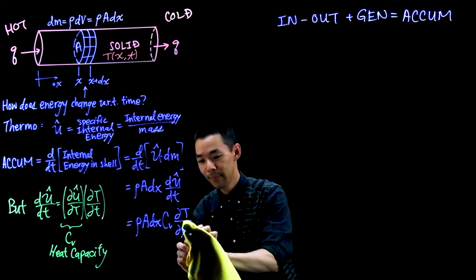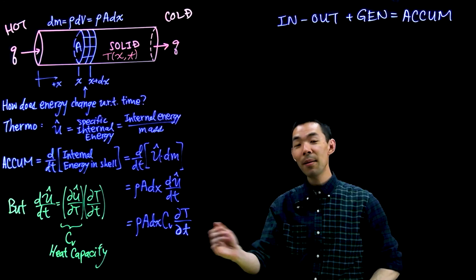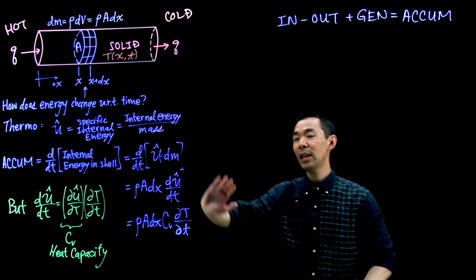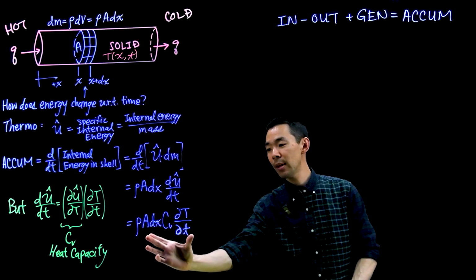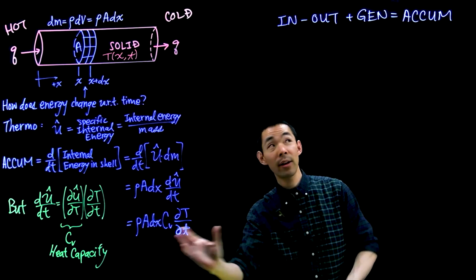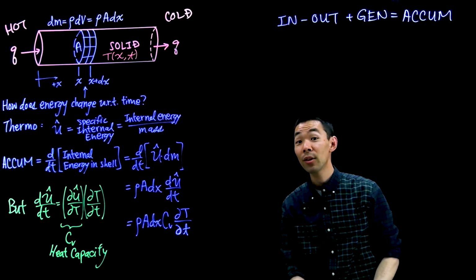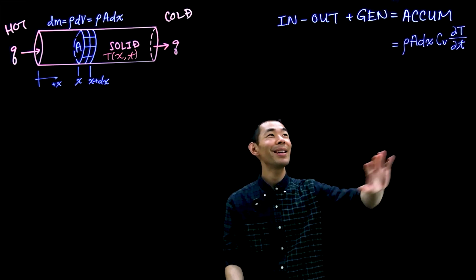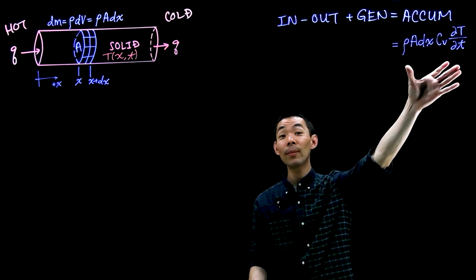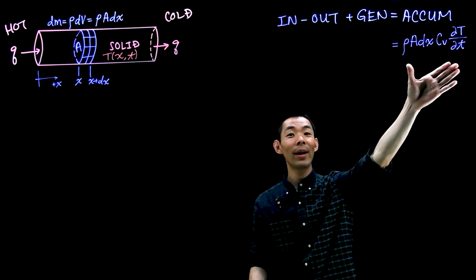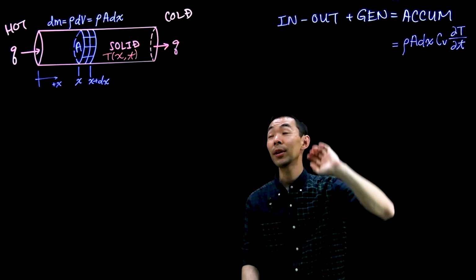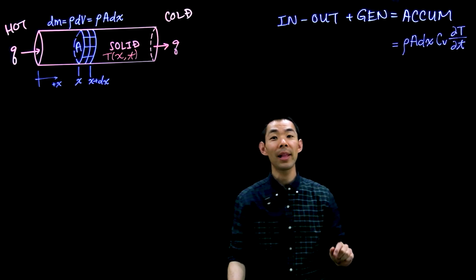This should be time. Partial T, partial time. Okay, so now let's erase everything over here. I'm just going to move this expression over here on the right-hand side. Okay, so what I've done is to take the accumulation term that we just derived over here on the right-hand side. And now we have in minus out and generation of energy inside this small little slab.